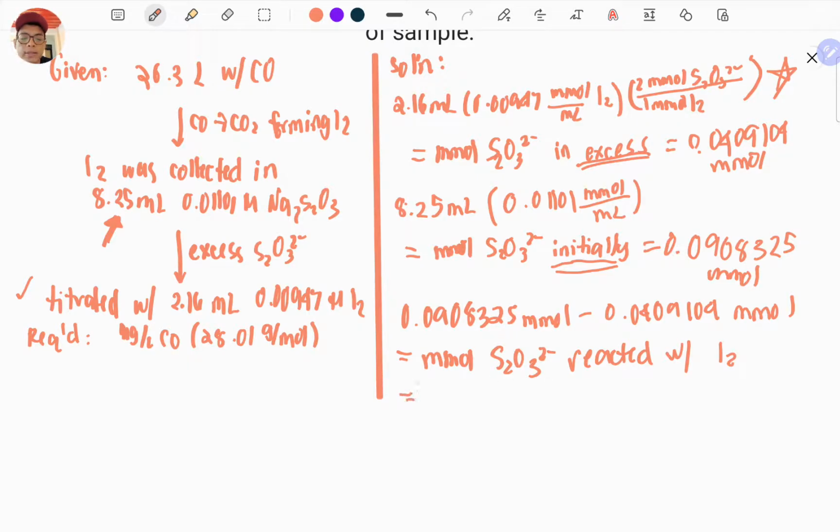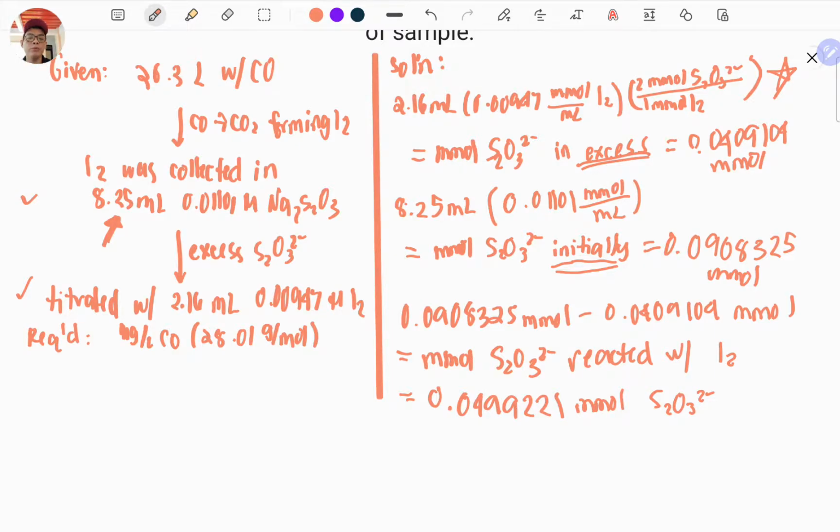Alright? So, 0.0908325 minus 0.0409104, this amount of thiosulfate reacted with iodine. Alright? So we're done with this step.